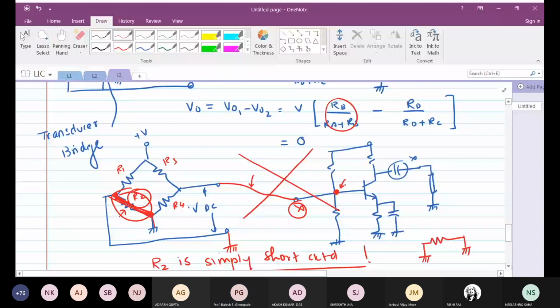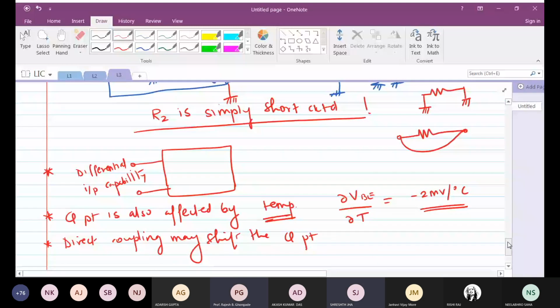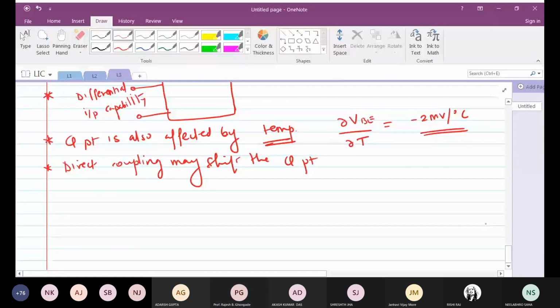Isn't it? So we have come to the conclusion that single stage common emitter amplifier cannot be used for our operational amplifier input stages.